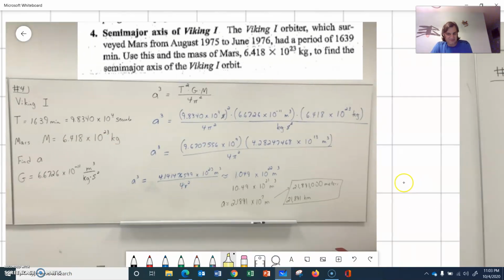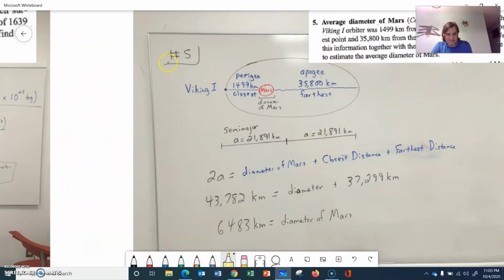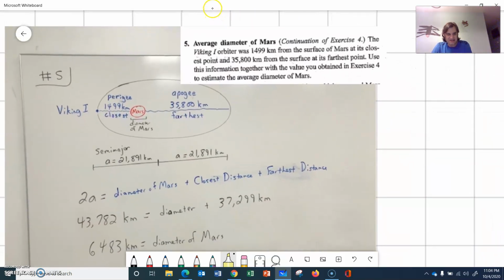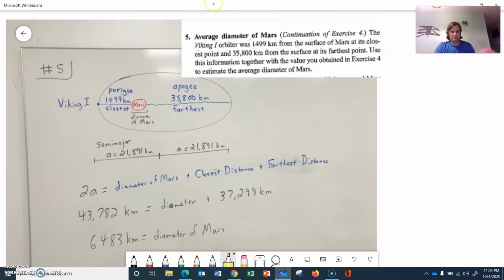And the reason we did 4 is because 5 says to use 4. So let's see if I can get this pulled over. And 5 is a very easy problem. But 5 says the Viking 1 orbiter was 1499 kilometers from the surface of Mars at its closest point. So I drew a little diagram here.